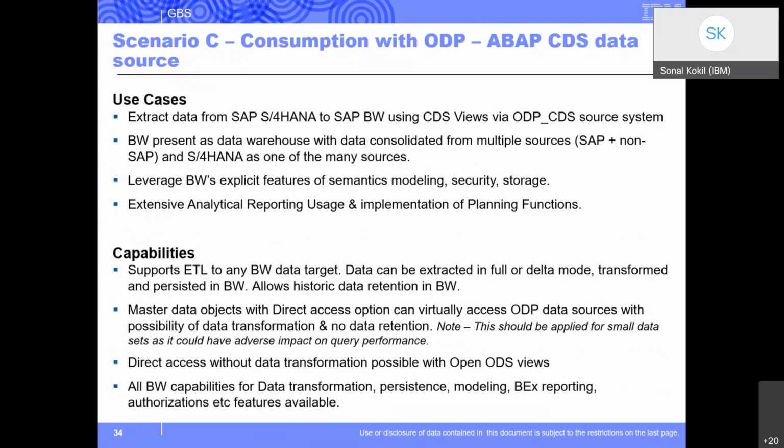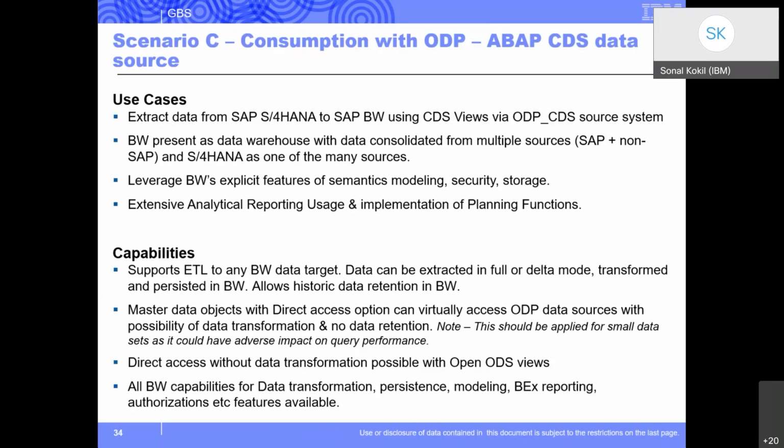This will be used because going forward, SAP is slowly moving from standard extractors to CDS, creating more and more CDS views and standardizing them. So it will be very easy for us to switch from the standard extractors to the CDS views, isn't it?